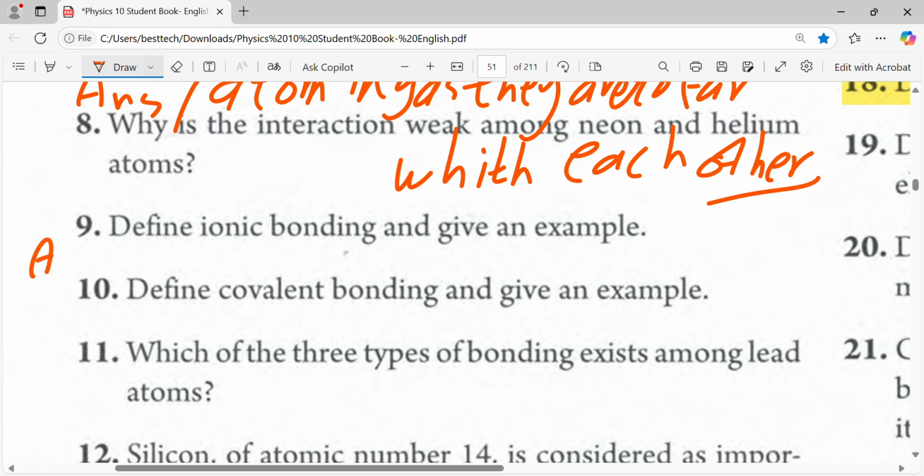Question 9. We can answer shortly, not too long. The bond between two opposite charges.